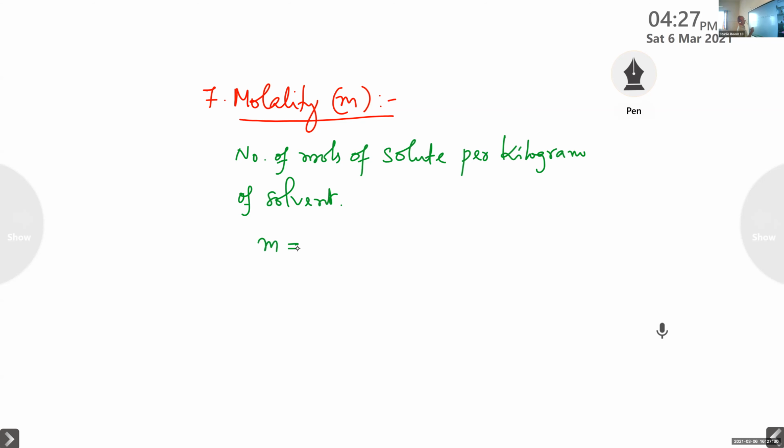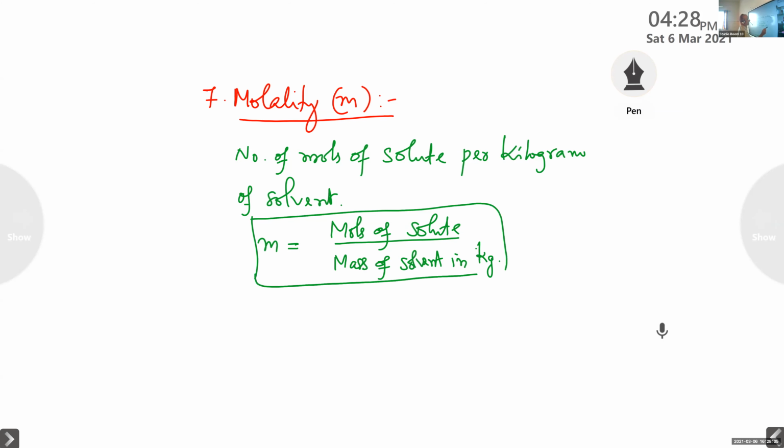Molality m is equal to number of moles of solute by the mass of solvent, not solution, in kilogram. This is the equation for molality.